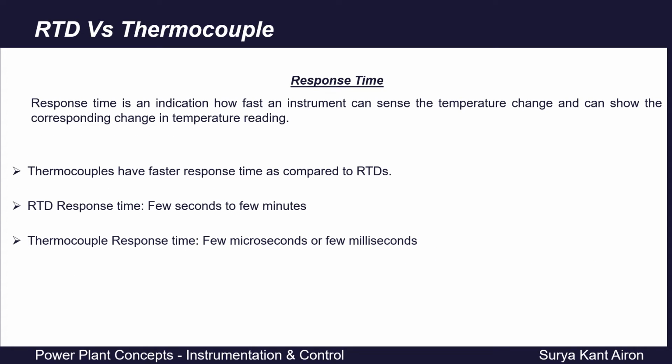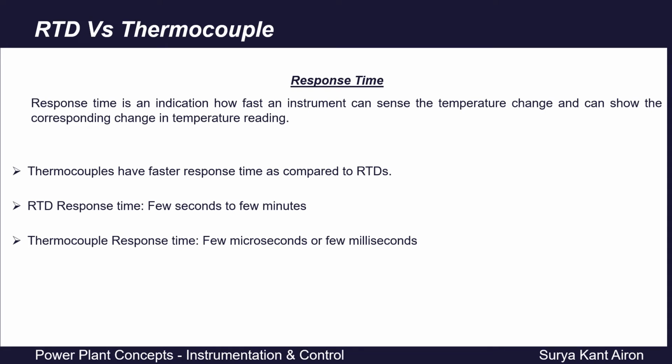Now, next coming to their response time. Friends, response time is how fast they can sense the temperature change and show the corresponding change in temperature reading. The response time of RTDs is generally slower than that of thermocouples.